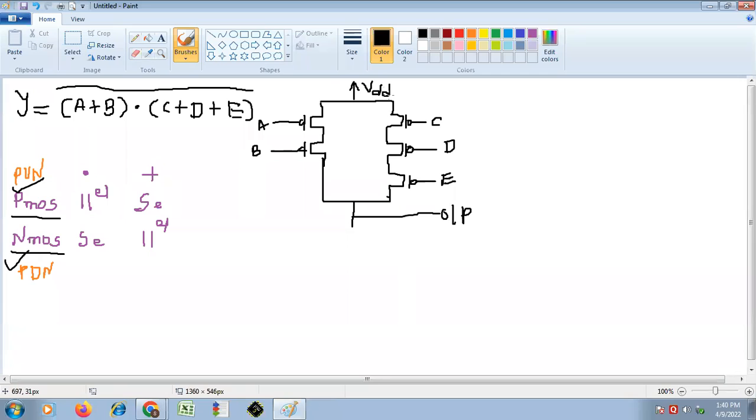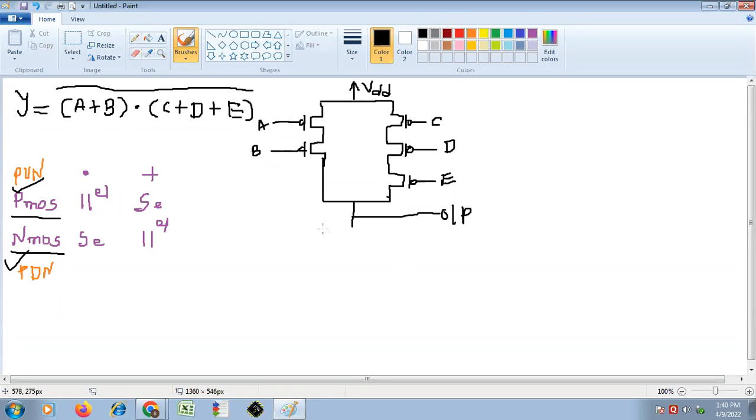Now we have to go for pull down network, that means of NMOS. Now how to implement this equation using NMOS, that means how to form the pull down network of this. Sir, A B parallel, right, so A plus B, and also D, parallel. It is in parallel with each other.